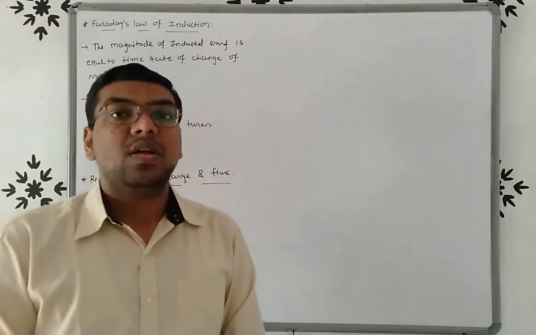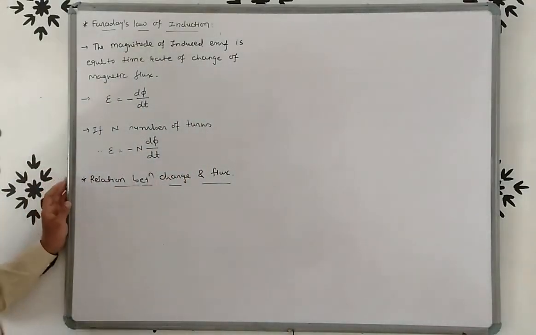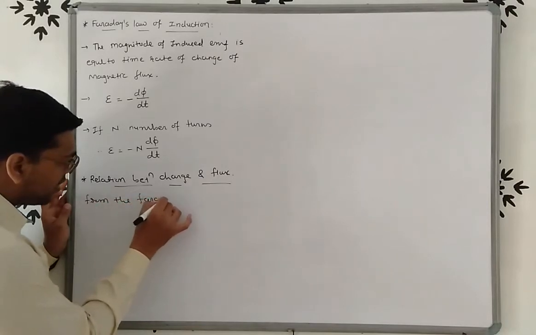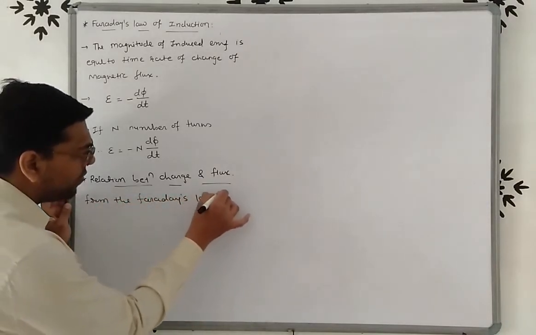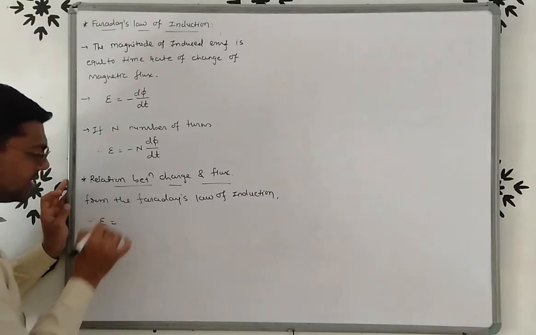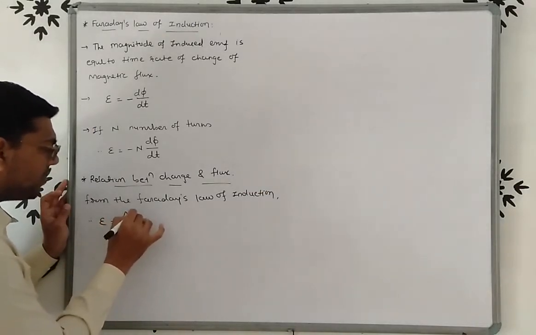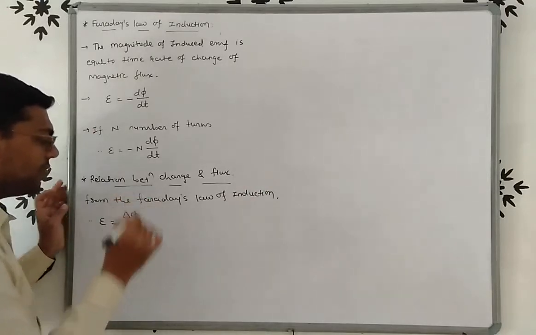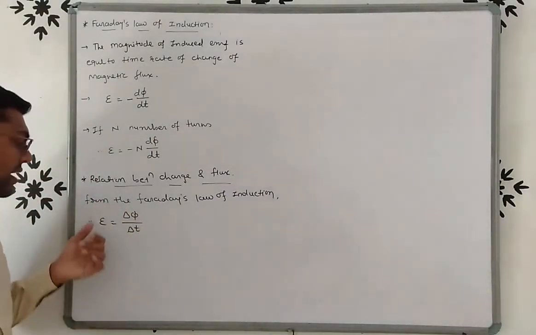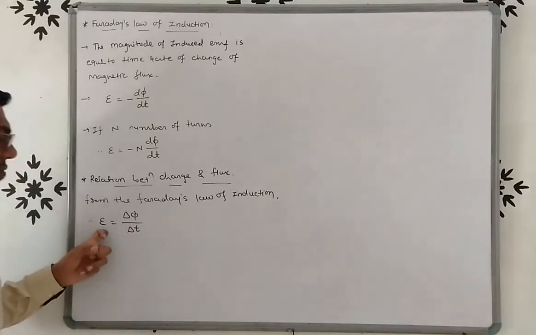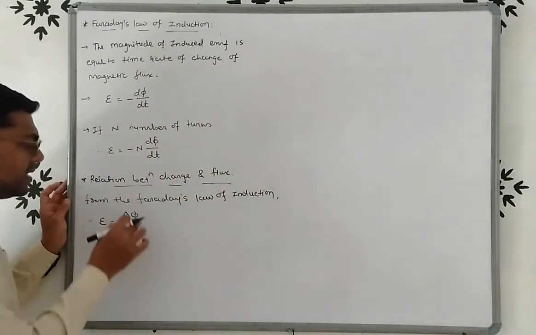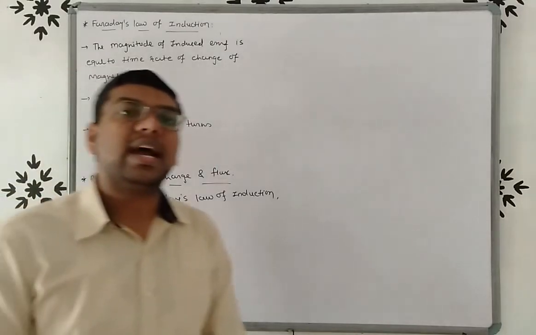From Faraday's law of induction, we can write EMF E equals delta phi by delta t, if I say the change in flux is delta phi in time delta t, right?